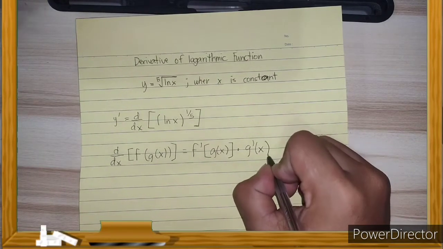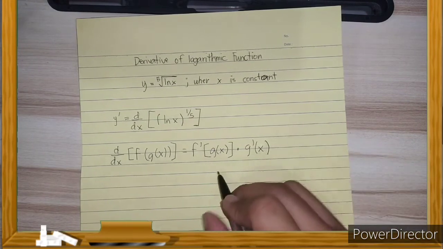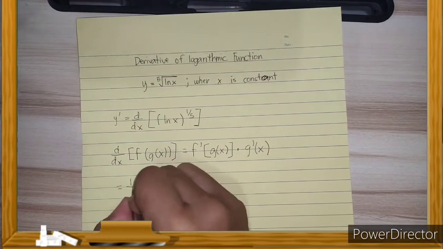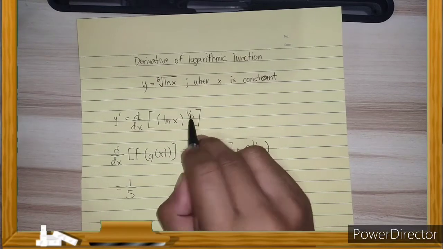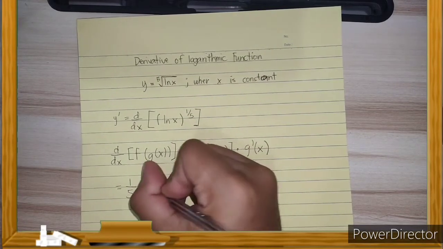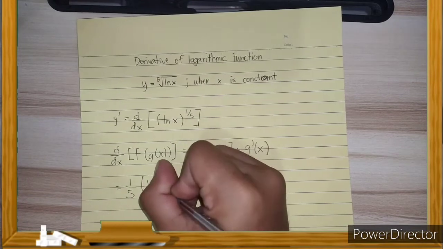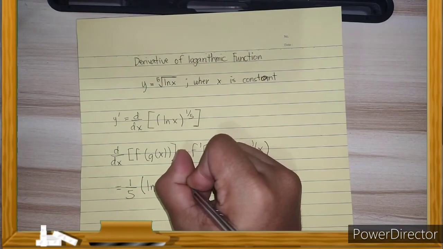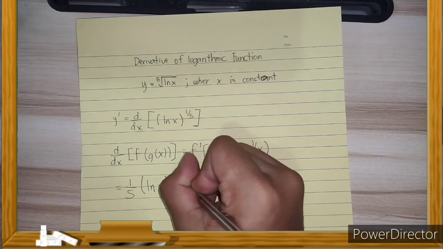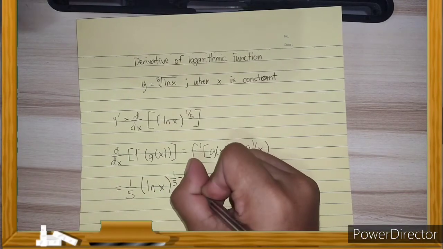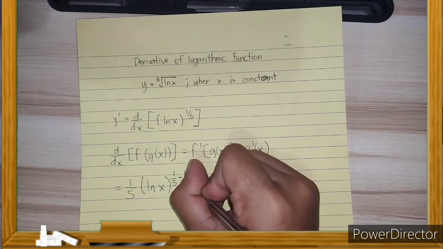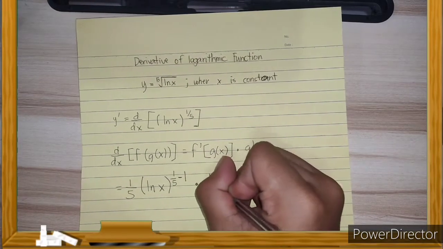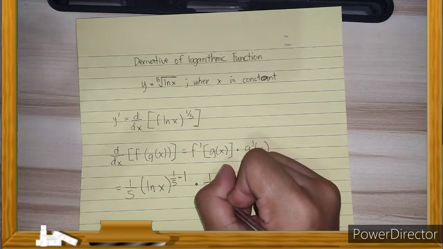So the derivative of f of g of x is equal to 1/5 times ln x raised to 1/5 minus 1. And then the derivative of g of x is equal to 1 over x.